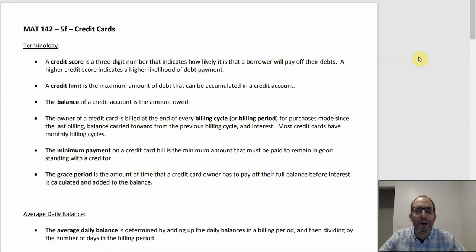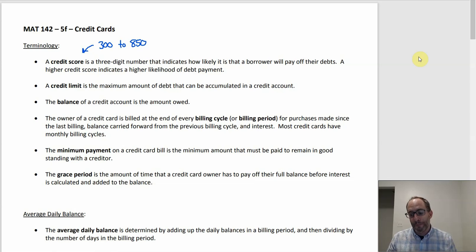So a credit score, if you're using the traditional credit score format, would be 300 to 850, and there are variations on that now, but that's sort of the traditional one, where bigger is better, right? Ideally, you want to have a higher credit score rather than a lower one. What the credit score is supposed to indicate is how likely you are to pay off your debts.